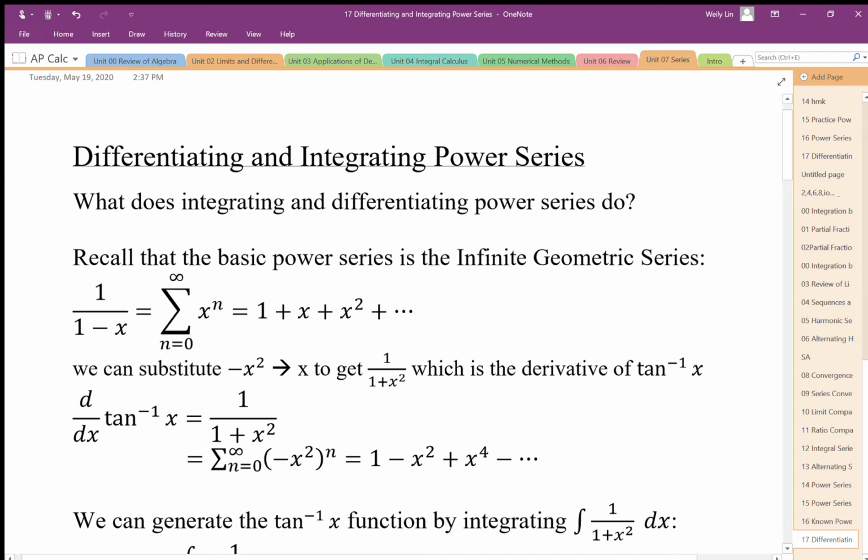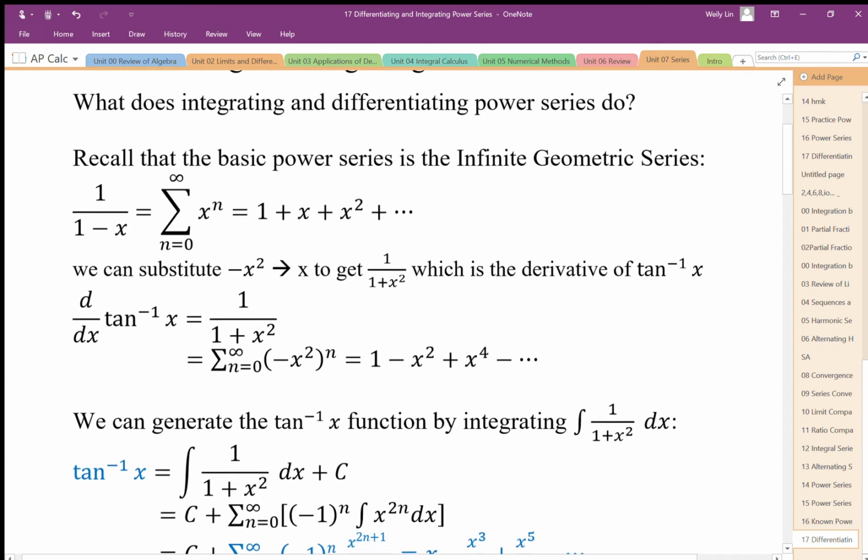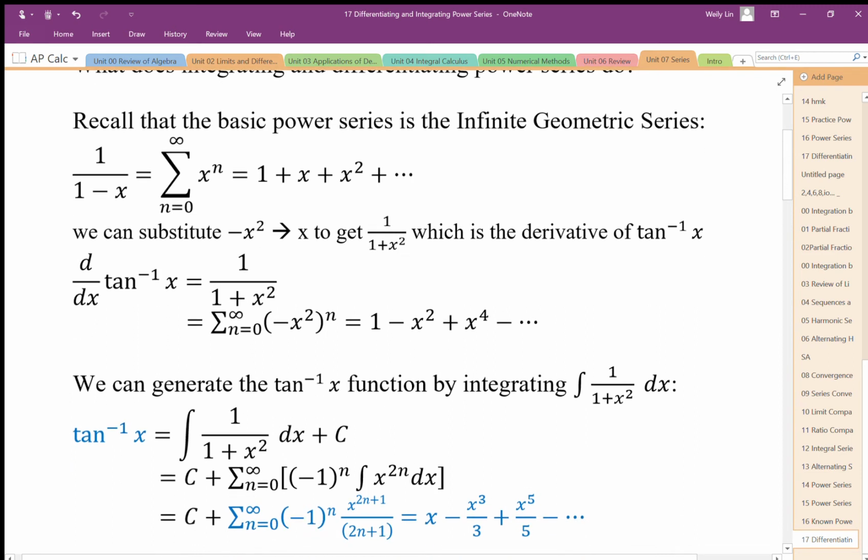Well, we can generate the arctan function as an infinite series by taking that function and integrating, because we know that if we integrate this expression here, we're going to generate the arctan function. Well, if that's true, we can replace this. Remember that the infinite series is essentially this function.